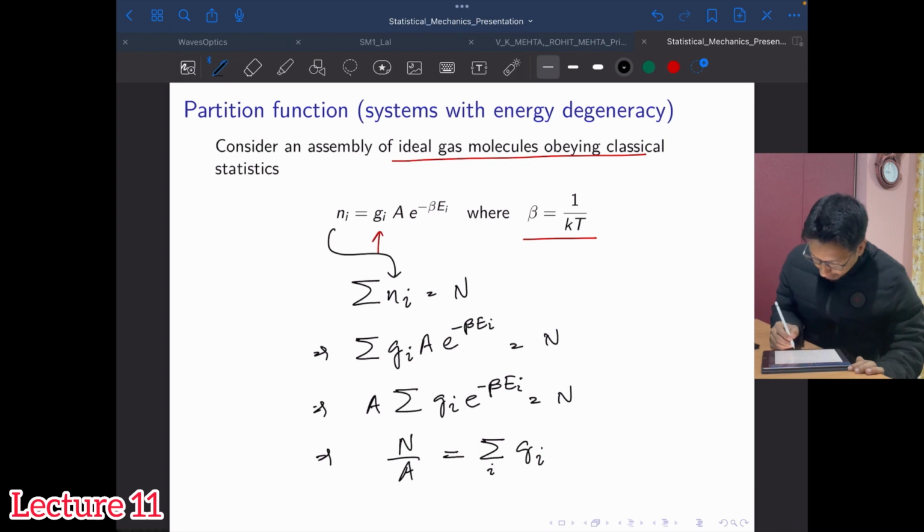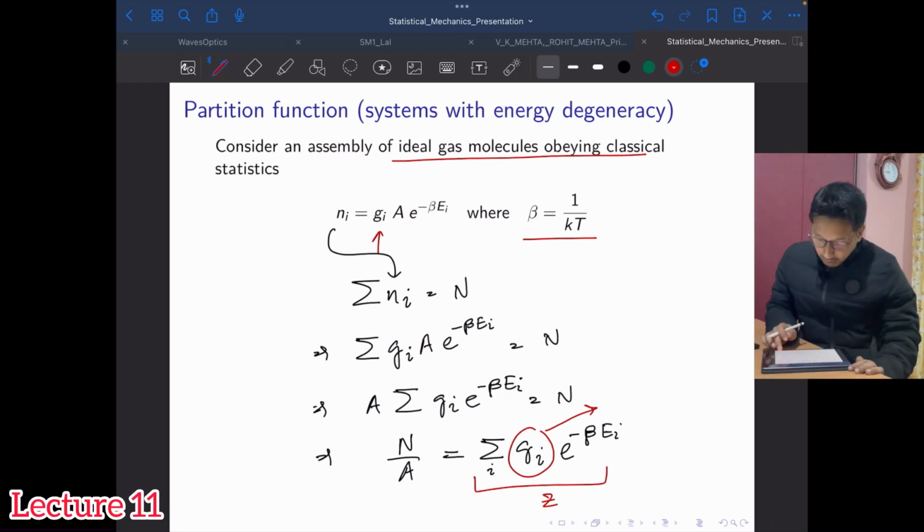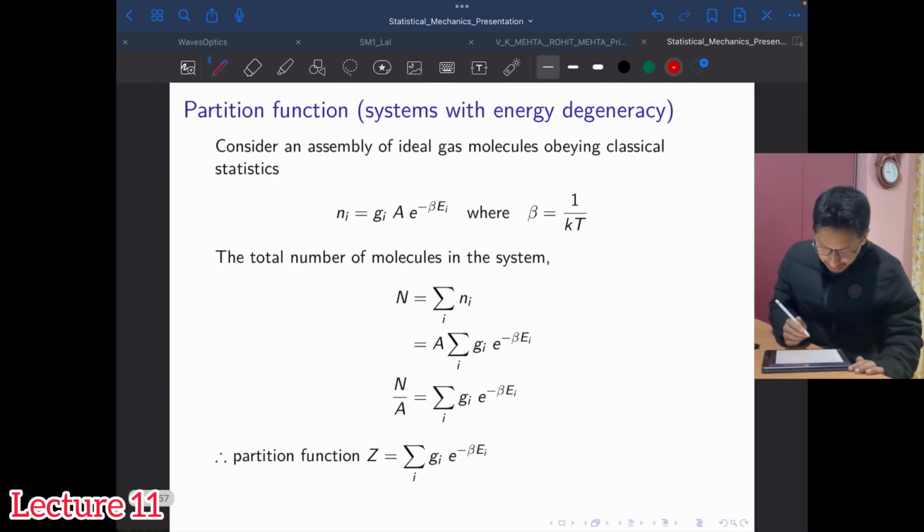This particular expression is the partition function Z for the system with Gi degeneracy.